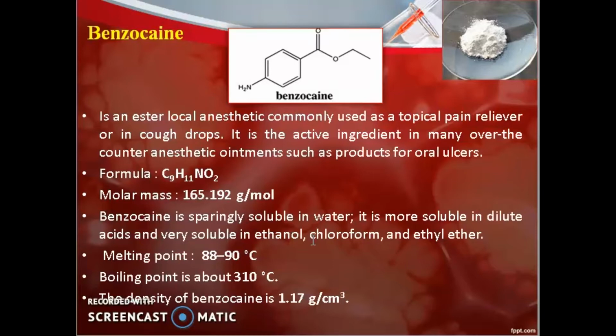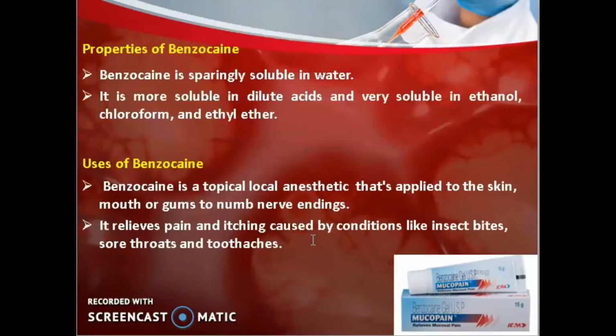Benzocaine is sparingly soluble in water. It is more soluble in dilute acid and very soluble in ethanol, chloroform and ethyl ether. Melting point of benzocaine is in the range of 88 to 90 degrees Celsius. Boiling point is about 310 degrees Celsius and density of benzocaine is 1.17 gram per centimeter cube.